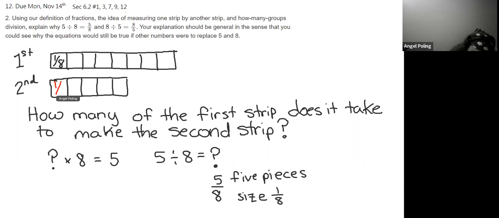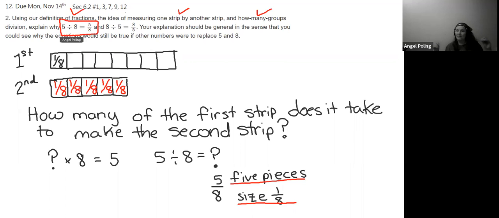And these have the value of 1/8. And it takes 5 of them to make the second strip. So we have 5 pieces, and each of the pieces are of size 1/8. So we've used strips, we've used groups, and we've used fractions to express why 5 divided by 8 is 5/8.